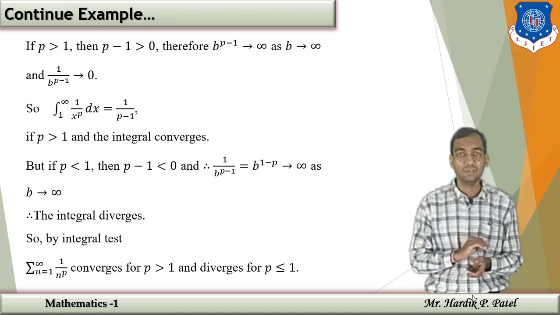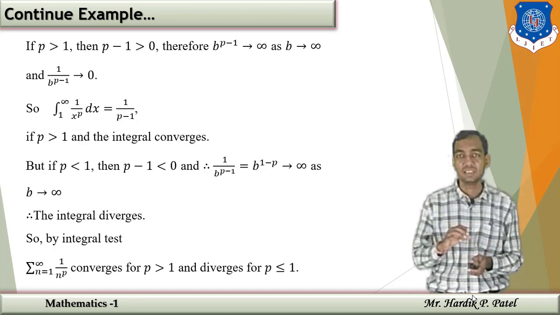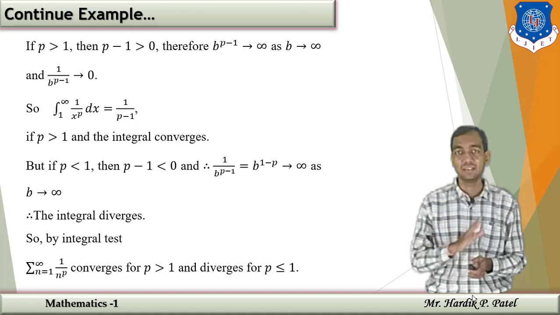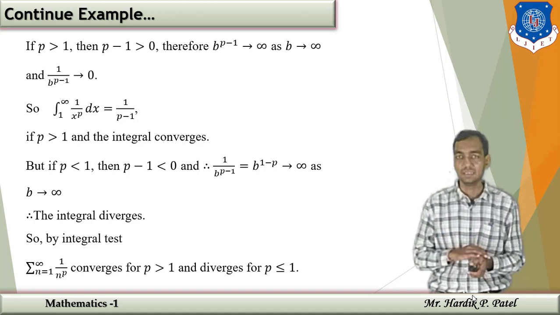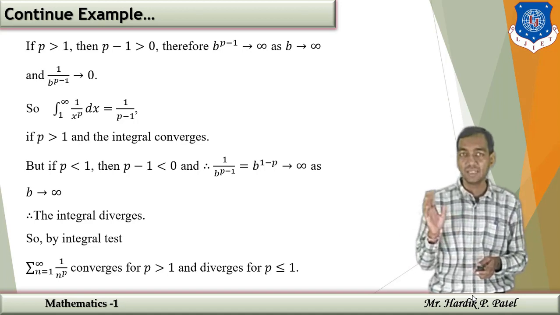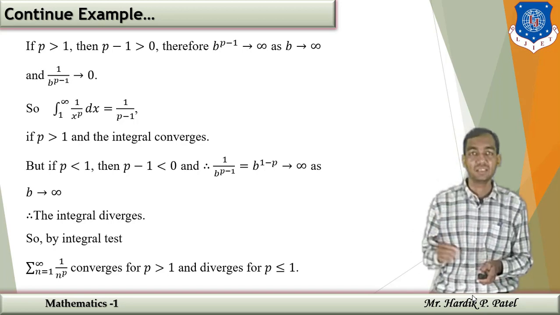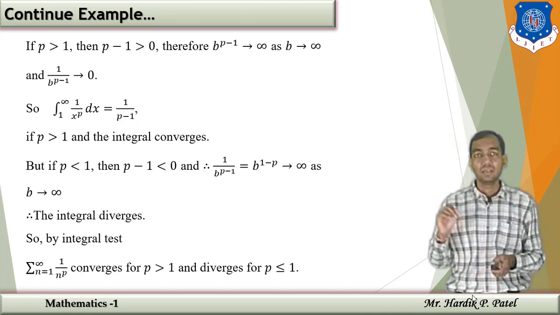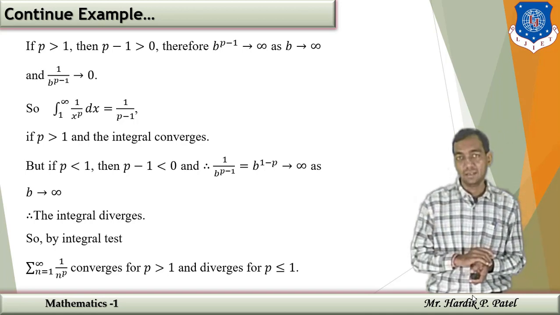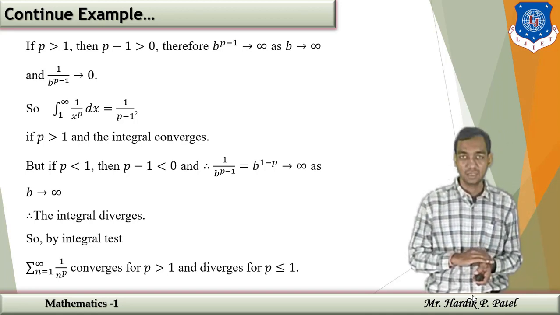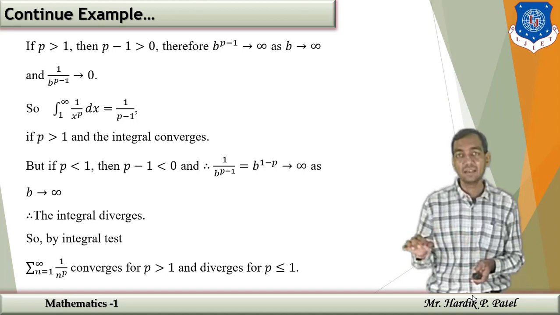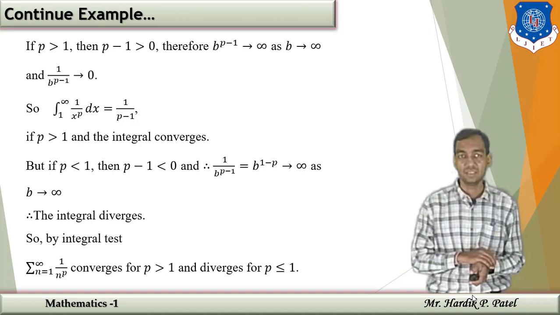That means it has a finite value and therefore your series is convergent for P greater than 1 by the integral test. Suppose P minus 1 is negative, then 1 upon B raised to P minus 1 will be infinite as B tends to infinity, and therefore by the integral test your series is divergent.